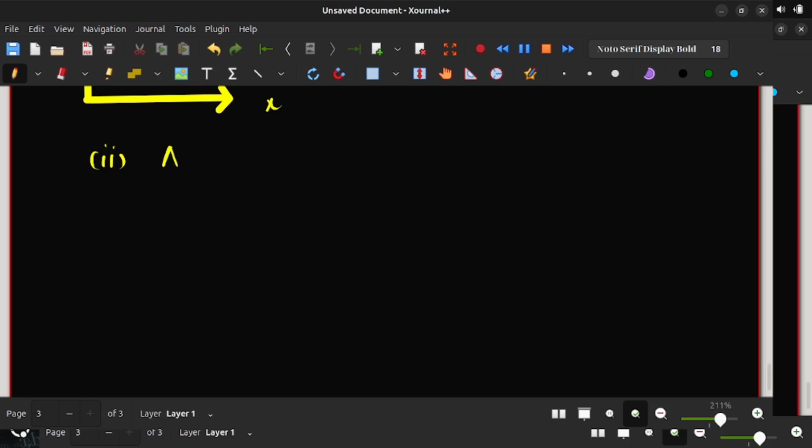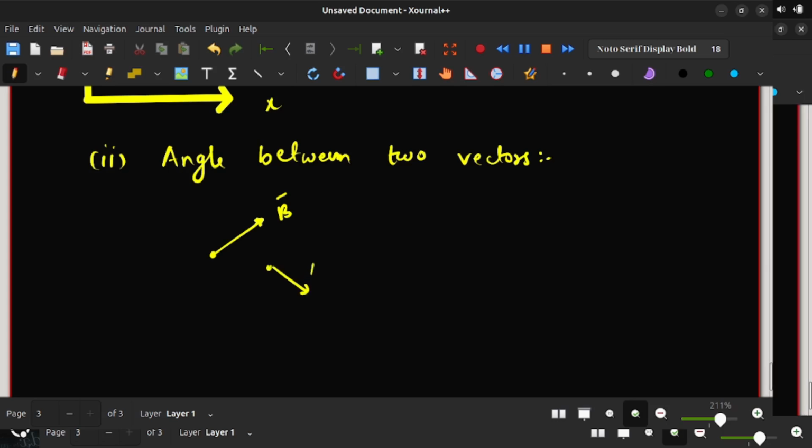What about the angle between two vectors? So if let's say we have two vectors like this, I have a B vector like this, and I have an A vector like this.